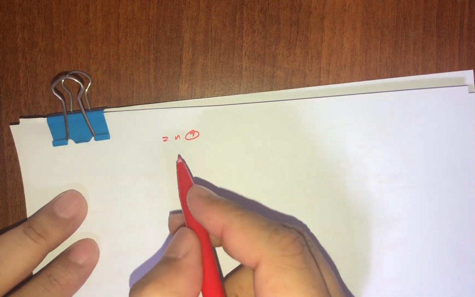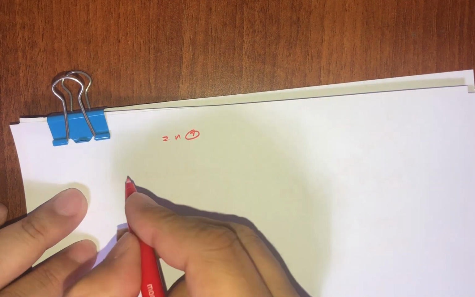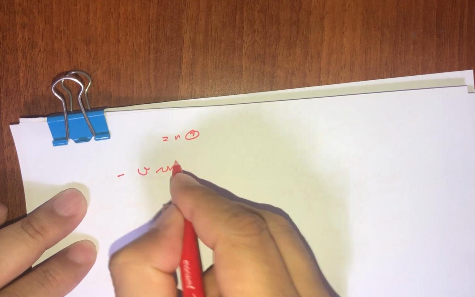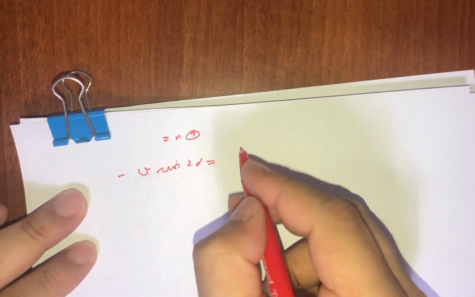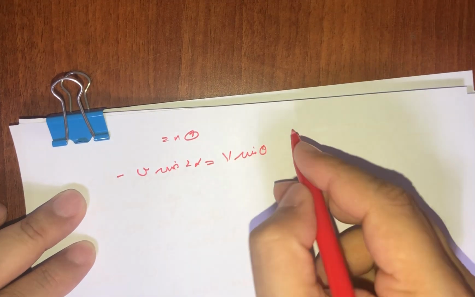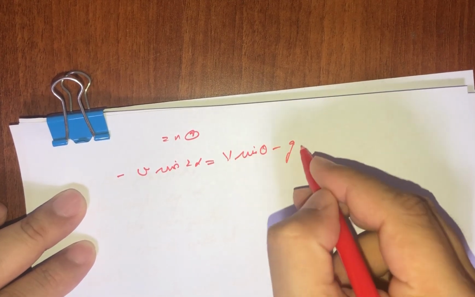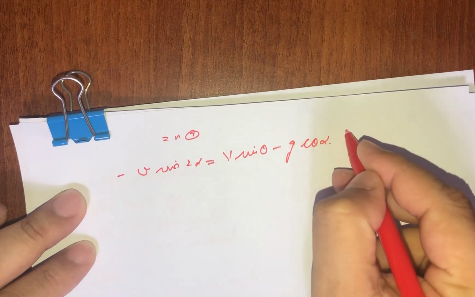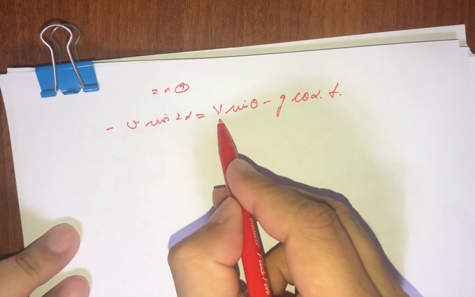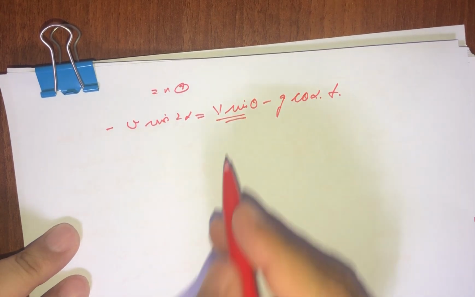Equation 2 is given as minus v sin 2 alpha is equal to v sin theta minus g cos alpha multiplied by t. So we are going to put the value of v sin theta from equation number 3.